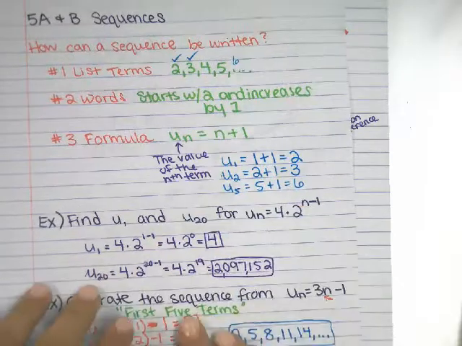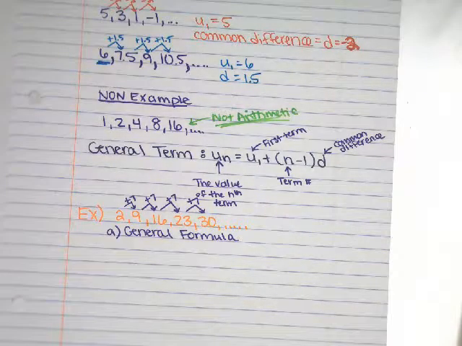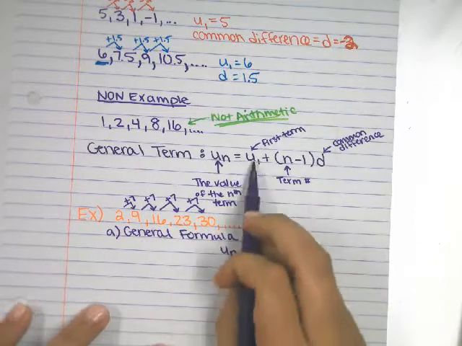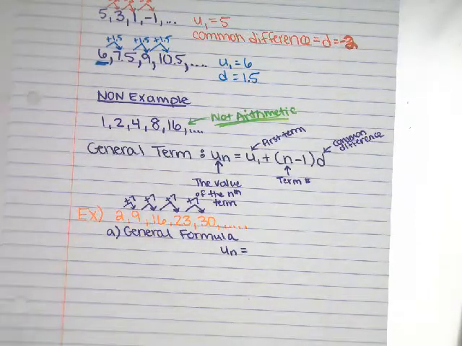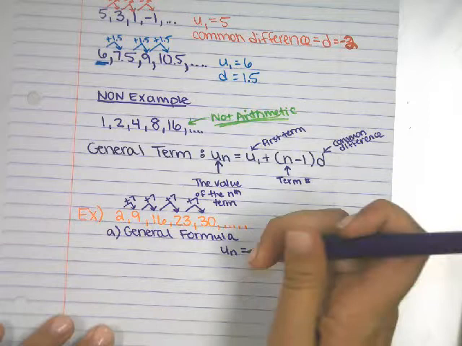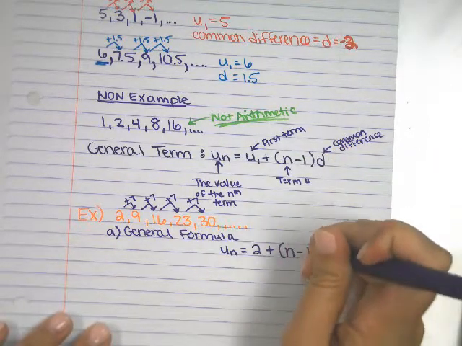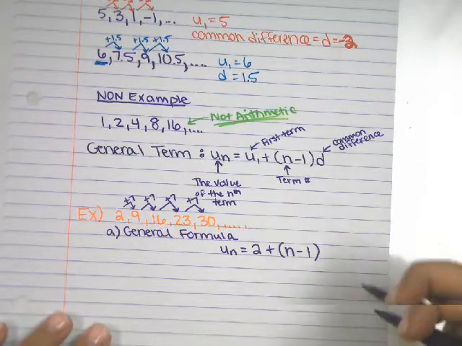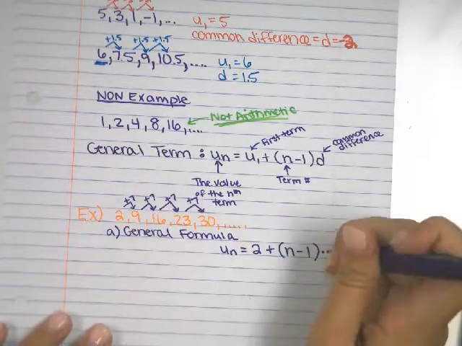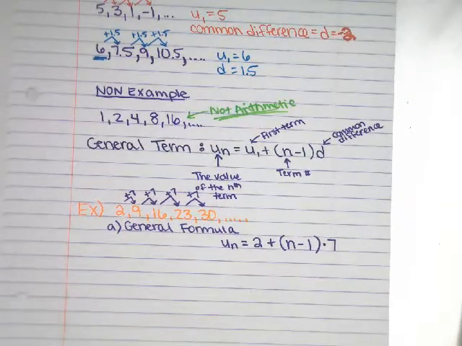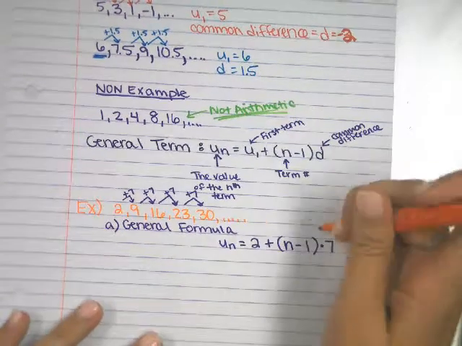So u sub n equals, we know the first term of our sequence is 2, plus, following the formula, n minus 1, and d is my common difference, so times 7. This is my general form. You can simplify it a little bit, which will make it easier to work with, but this is fine. You can leave it like this as well.